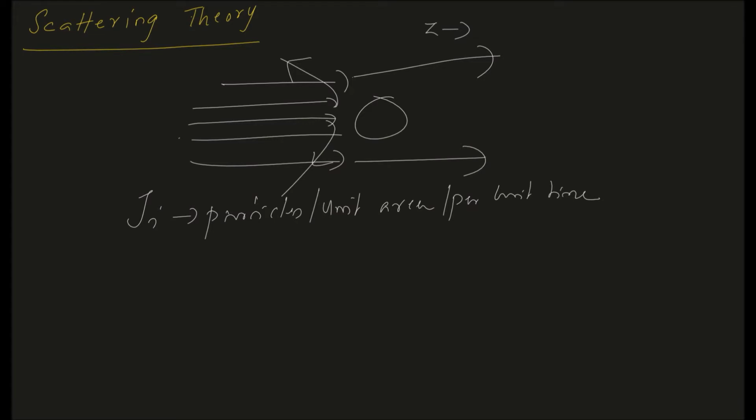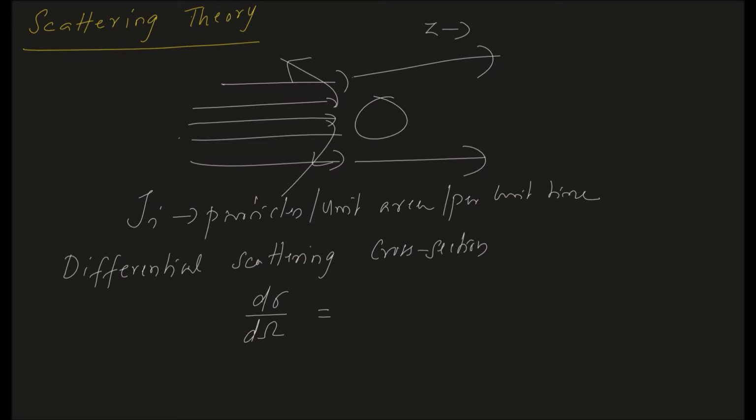Then we define something called the differential scattering cross section, which we write as d sigma by d omega.